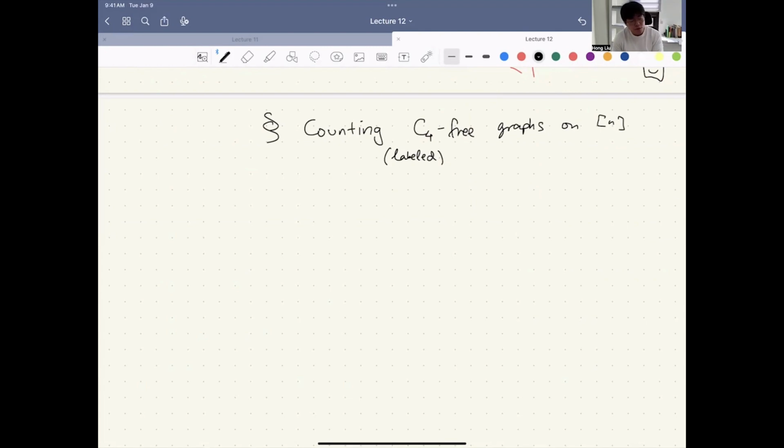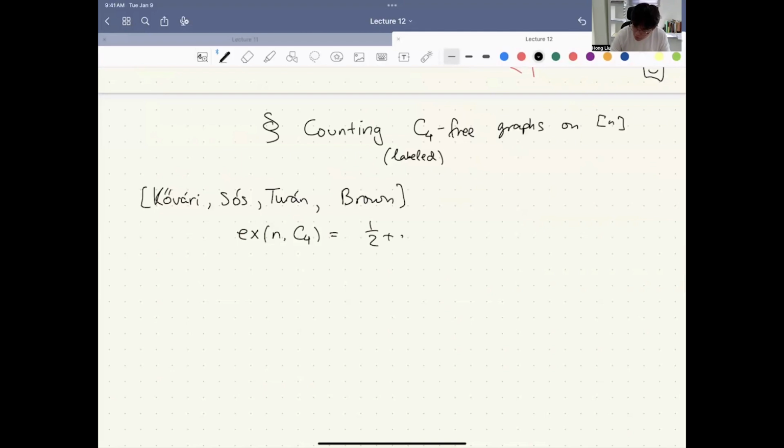So Kővári-Sós-Turán, and also construction by Brown, basically shows that the extremal number, the maximum number of edges in an n-vertex C4-free graph, is 1/2 plus little o(1) times n to the 3/2.